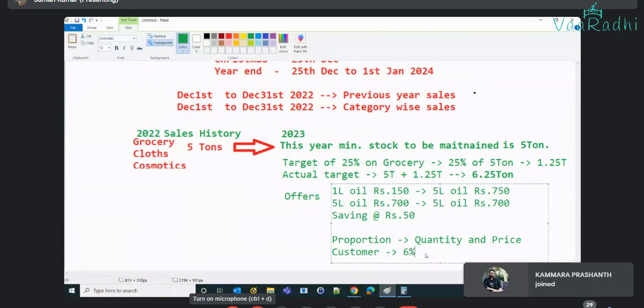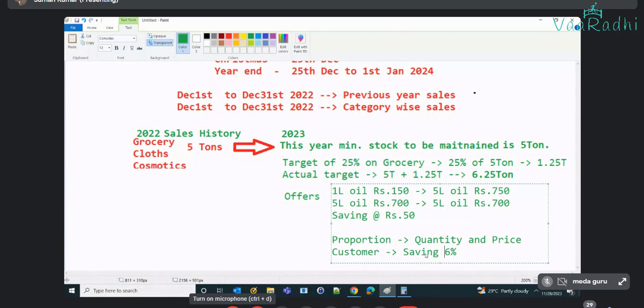When I talk in terms of percentage, their overall saving is 6%. Guys, following me? Yes, sir. Their overall saving is 6%, something like 6.6 if you round up. 6.66% is their saving if they go with 5 liter.